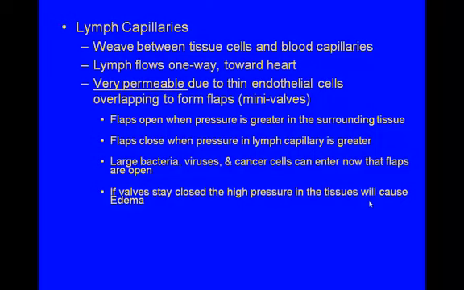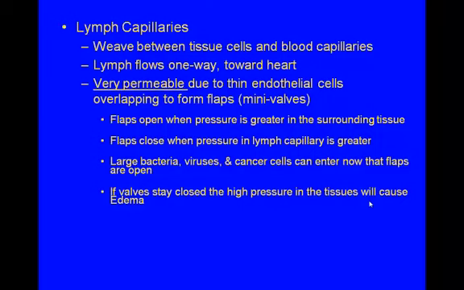Now, the lymph capillaries are extremely permeable, and that's due to those thin endothelial cells that overlap and form flaps, which kind of act like mini valves. Now, the flaps are open when the pressure is greater in the surrounding tissue. That allows the fluid to be drained from the tissue into that capillary bed. The flaps close when the pressure is higher in the lymph capillary.